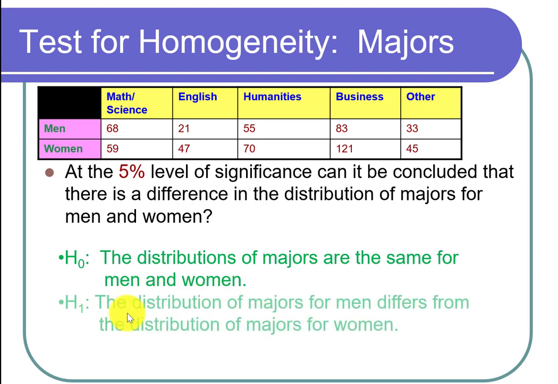H1 is the distribution of majors for men differs from the distribution of majors for women. Notice H naught is always about being the same distribution, and H1 is about the two distributions being different from each other. Again, once we know we need a test for homogeneity, and we have our table, we can jump to our calculator.